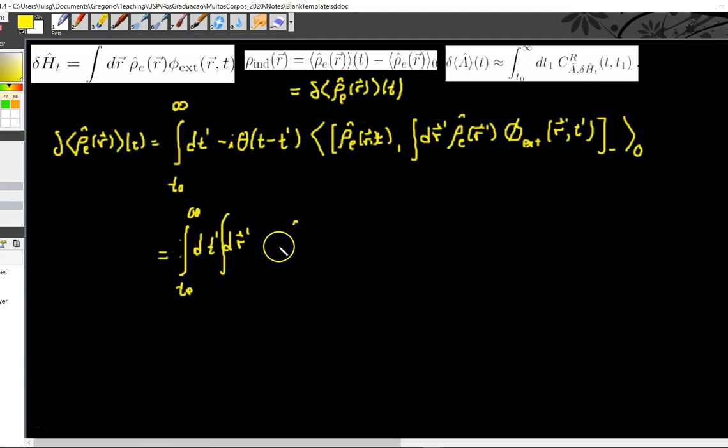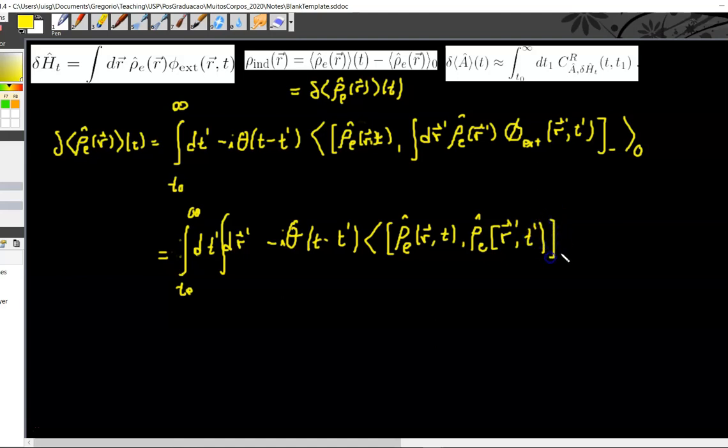And what I'm going to be left with is this: minus i theta of t minus t prime of the commutator of rho_e at r and t and rho_e at position r prime and time t prime, times phi external at r prime, t prime.